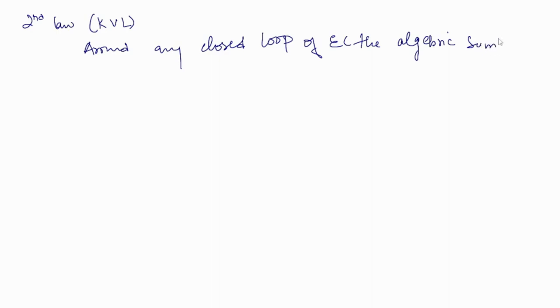That around any closed loop of an electric circuit, the algebraic sum of all potential differences is equal to 0. That means sigma delta V equals 0.